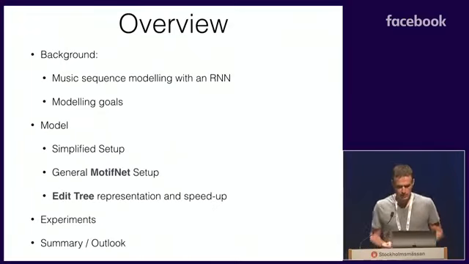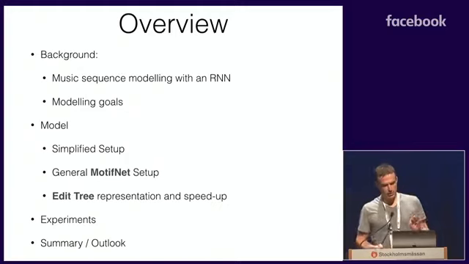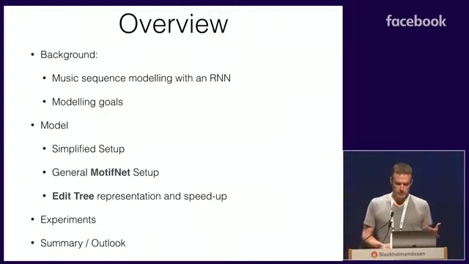So I'll begin by very briefly introducing how you might model symbolic music data with an RNN. I should add, we're not considering waveform data, but we're thinking about symbolic music. That's MIDI or notated sheet music. Then I'll go through on a high level what our goals are, basically to have motif modeling. And I'll introduce our model, starting with a simplified setup, which is based on a fixed edit distance type comparison.